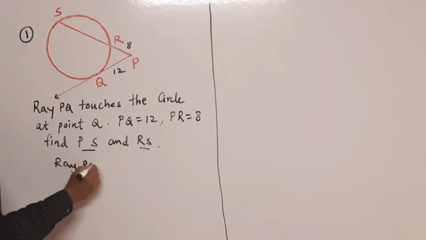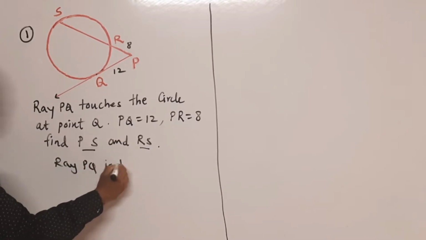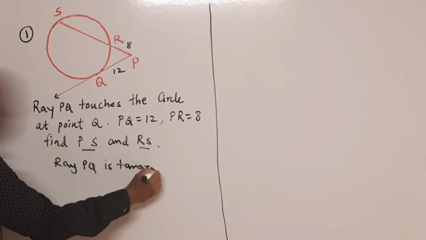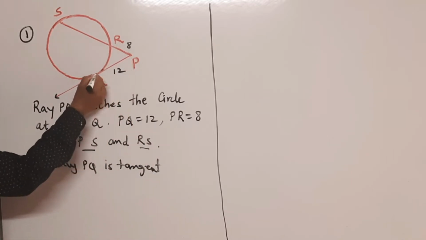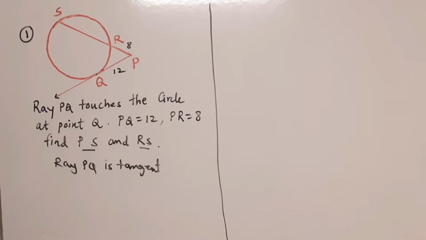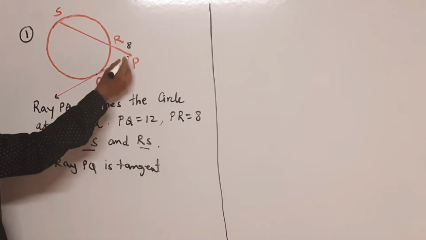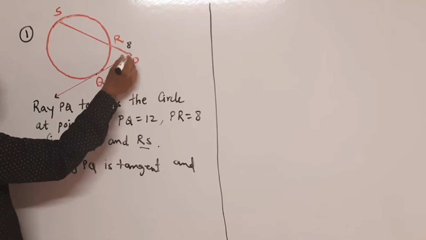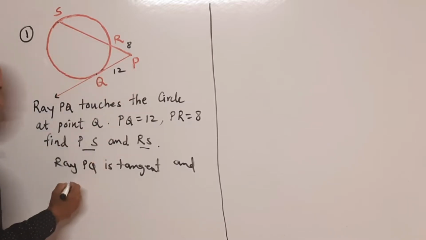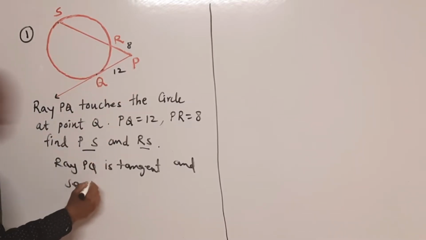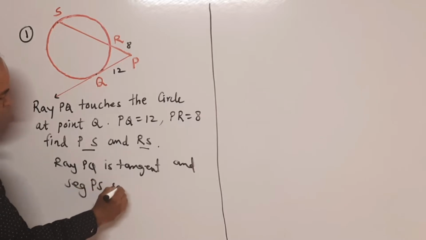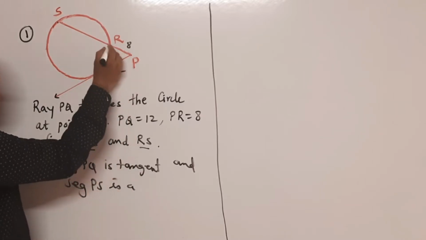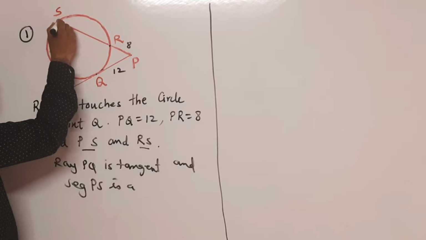Now here, ray PQ is tangent, since it touches the circle at one point. Ray PS, segment PS, intersects the circle in 2 points.